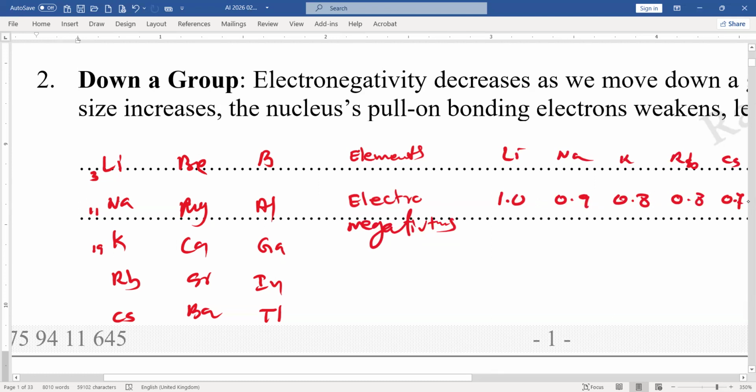This is the way it goes moving down the group, lithium, sodium, like this. It is decreasing because of the increasing of the size faster than the increasing of the nuclear charge.